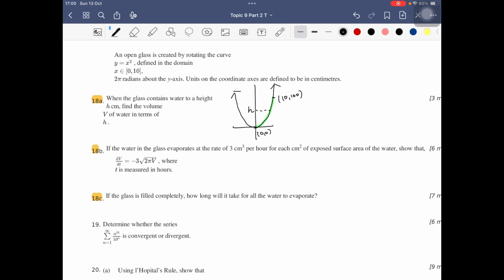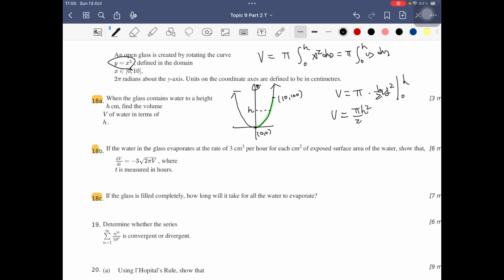Let's say the volume is V. Because it rotated around the y-axis, V is pi integral from 0 to h of x squared dy. But here x squared is y, so y dy. So V is pi, 0 to h, so the volume is pi over 2 h squared.